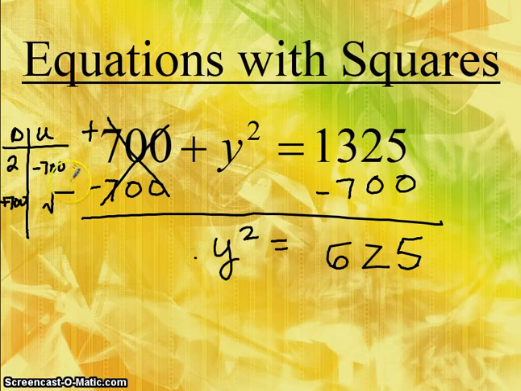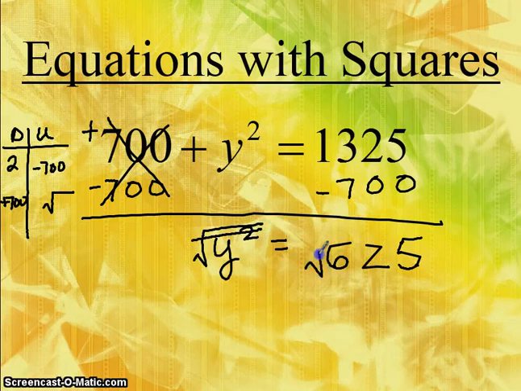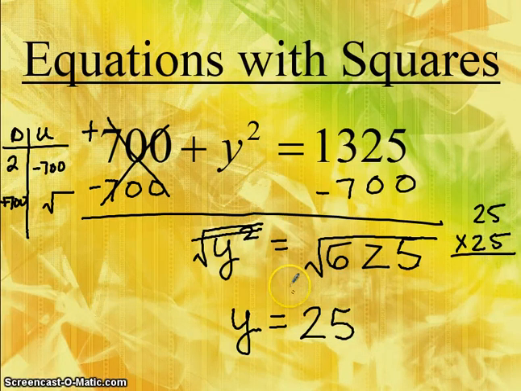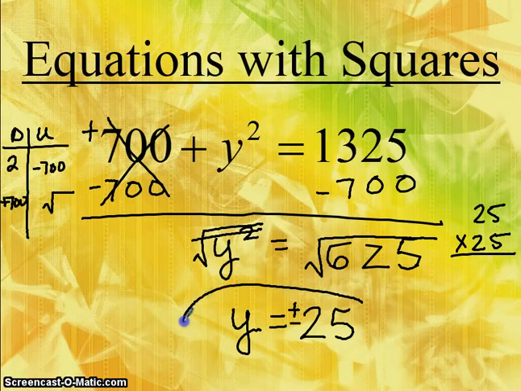Now, as our second step in our undo, we will square root each side. The square and the square root will eliminate because they're inverse operations, but what we do to one side, we have to do to the other. So y is equal to, and the square root of 625 is 25. If you didn't know that, you would have to guess and check over here and see that 25 times 25 will give you 625. So we know it'll be positive or negative 25.